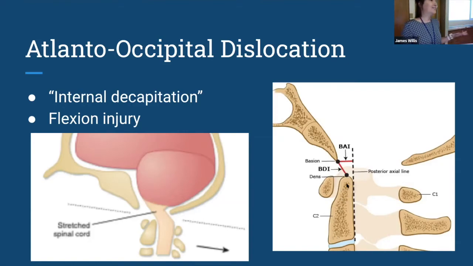I'm not going to go into that, but it's good to know that that's how our radiologists may classify this injury. The other thing that's interesting is that having Down syndrome can predispose you to this injury. So if you have a patient who has Down syndrome and is coming in with these cervical spine complaints, it might be good to have it on your radar.